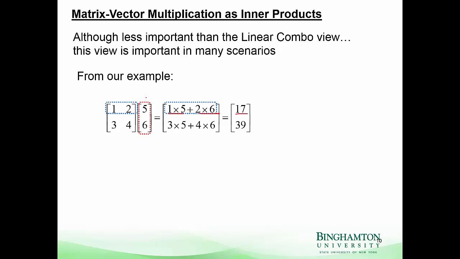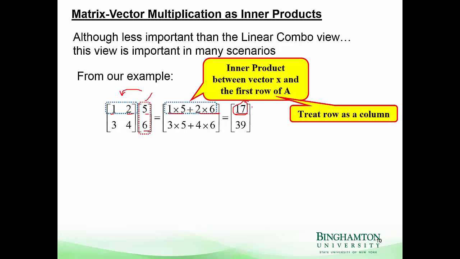Well, remember when we fold this thing over, we were pairing 5 with 1 and 6 with 2. And then we added up those products. So really we can envision 1 and 2 forming a column vector and doing an inner product between that column vector and the vector that we're multiplying. And that gives us 17.